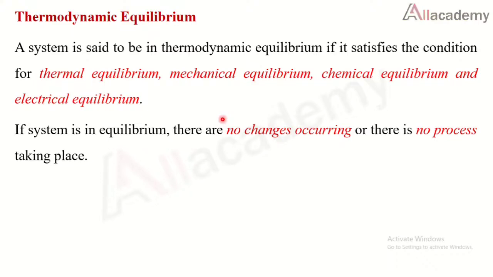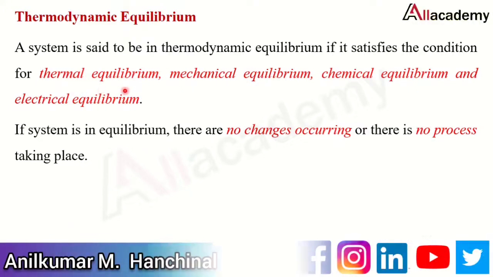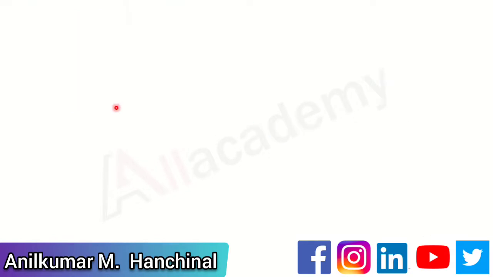If I say that the particular system is in thermodynamic equilibrium, then there will be no changes occurring in that particular system. Or else I can say that there will be no process taking place in a system. So let us study the definitions of these mechanical, chemical, electrical and thermal equilibriums.